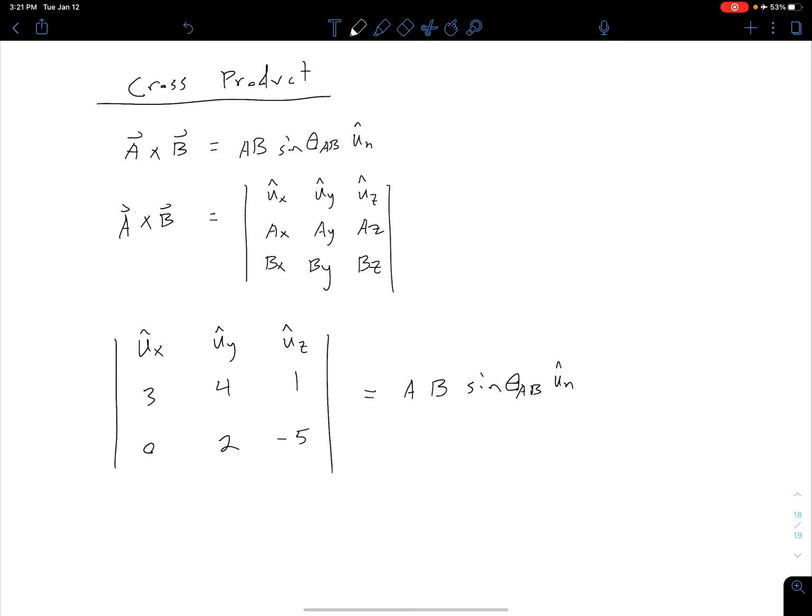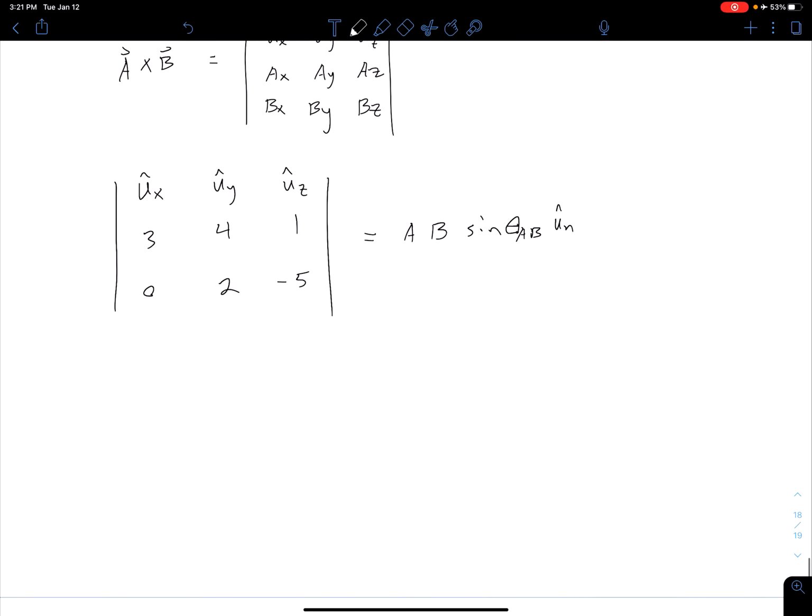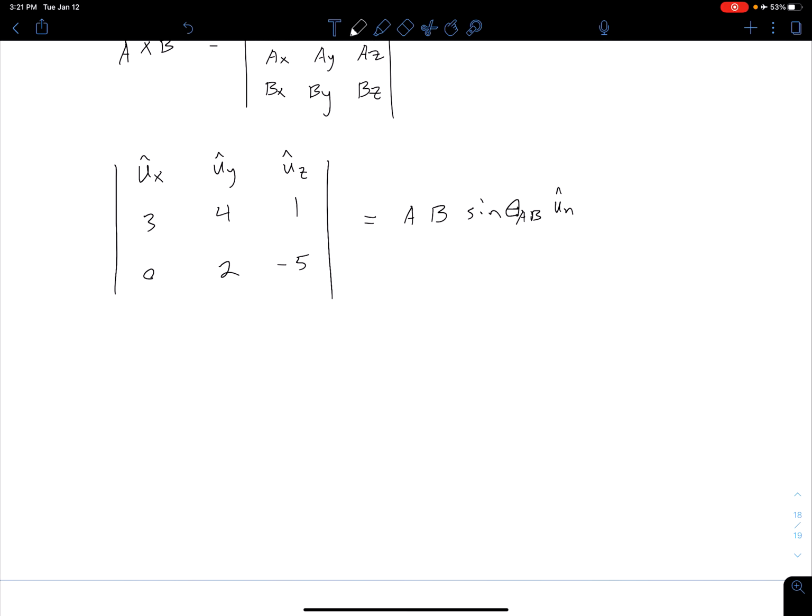Now we've already solved for our values for magnitudes A and B, and we'll plug those in a little later. But let's go ahead and evaluate this 3 by 3 determinant. Using the technique we saw in a previous video, we can say that this is negative 20 minus 2 in our x direction, plus 0 minus a negative 15 in our y direction, plus 6 minus 0 in our z direction.